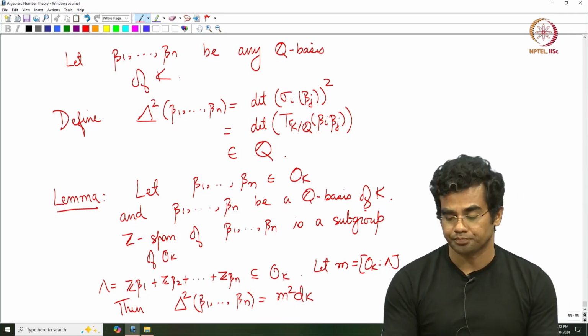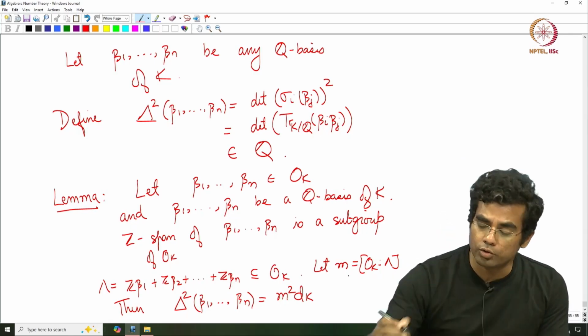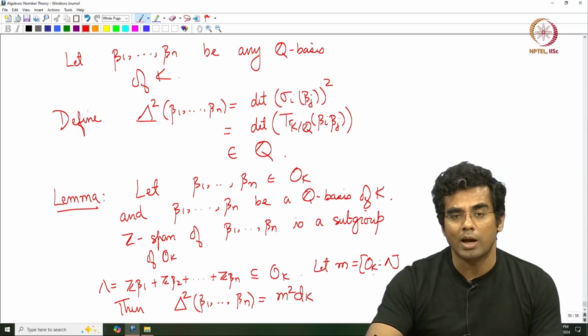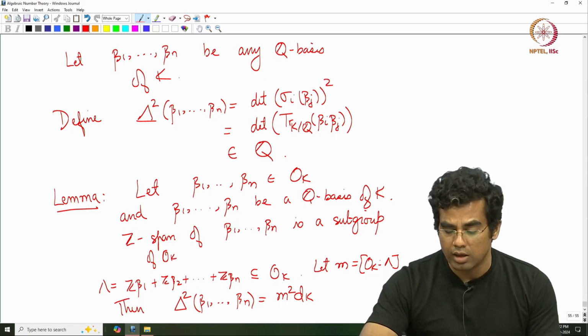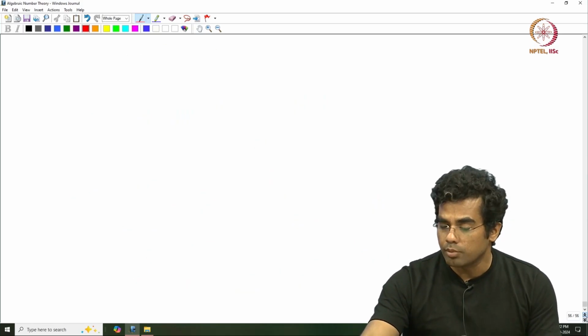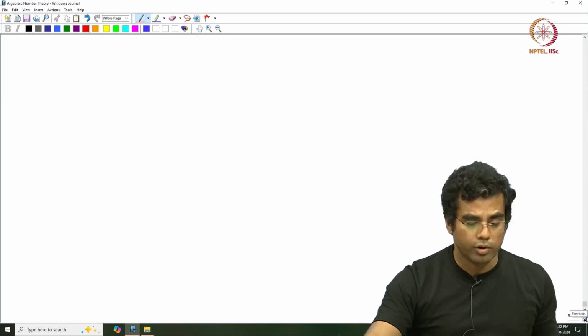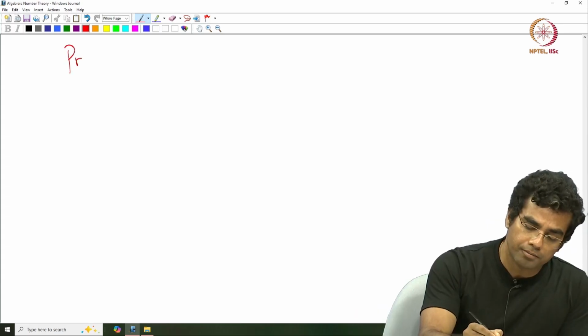Okay, so, this is a lemma. So, there are two things we need to prove. We need to prove that this m is finite. So, lambda has finite index in OK, and then this relation between delta squared, m and dk. But this is just a piece of linear algebra over Z. So, I am going to go over this quickly.